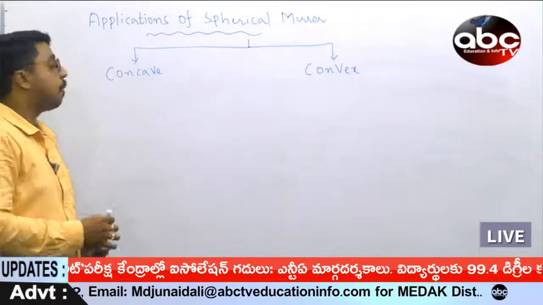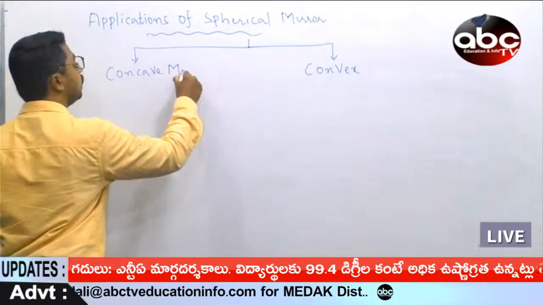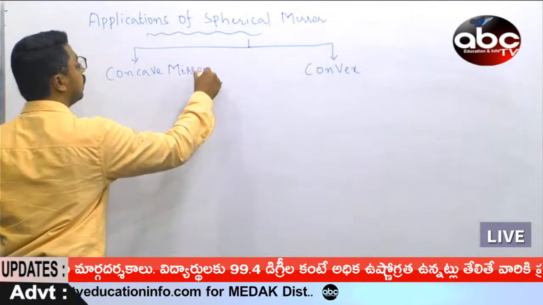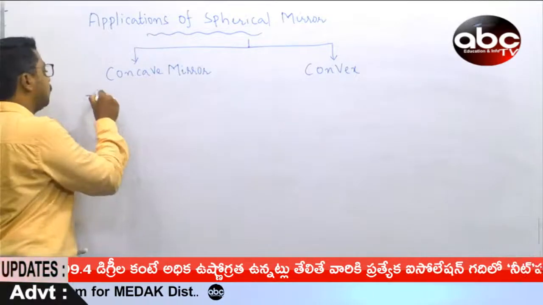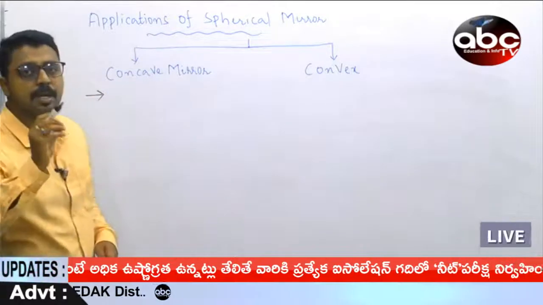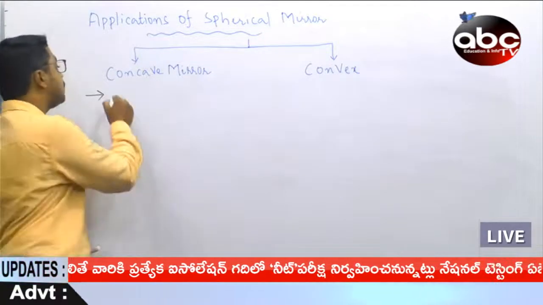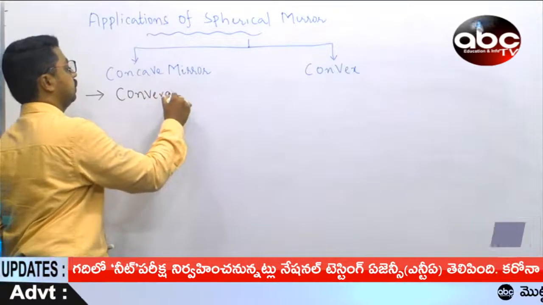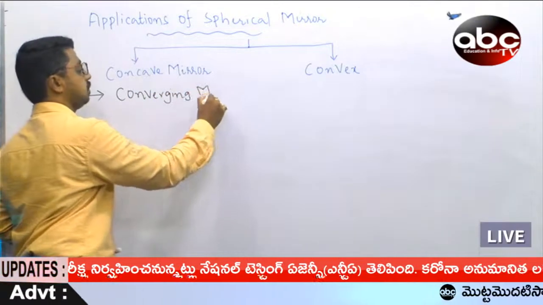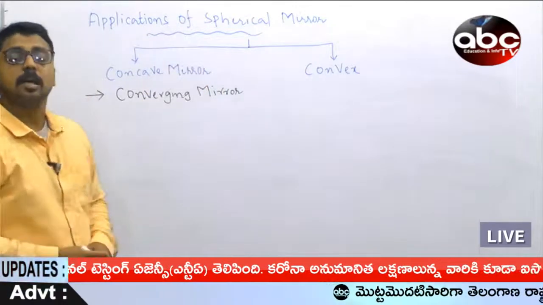So point number 1, the concave mirror. The concave mirror is used firstly as a converging mirror.